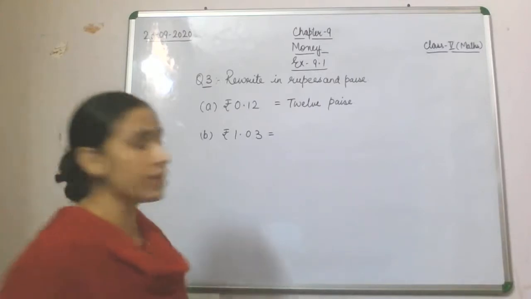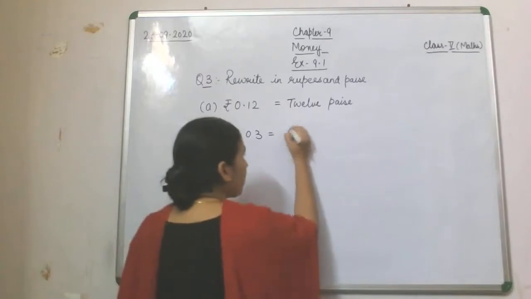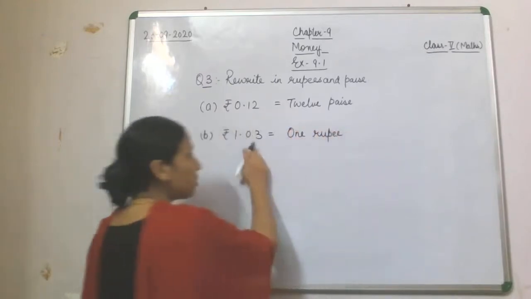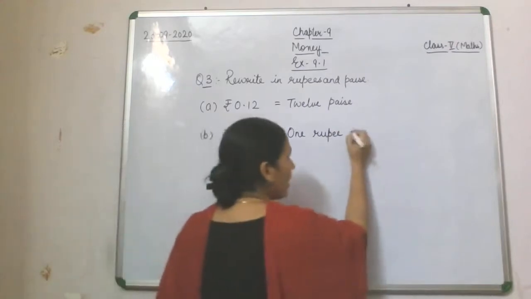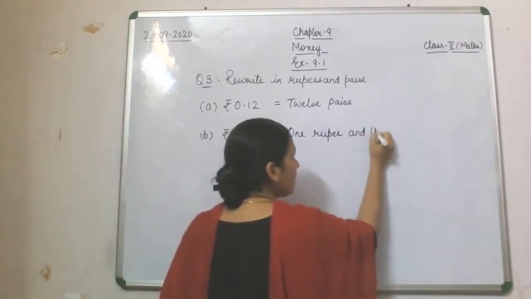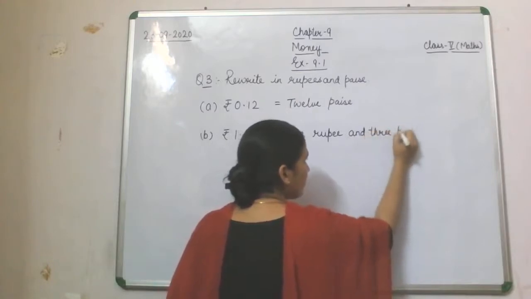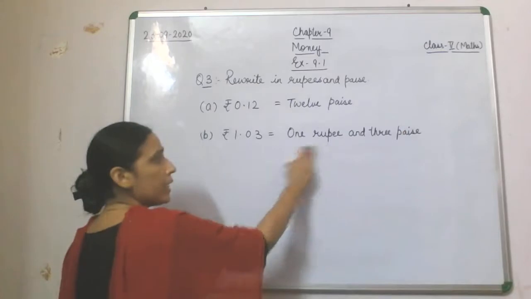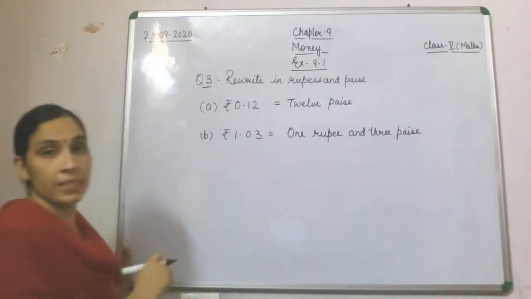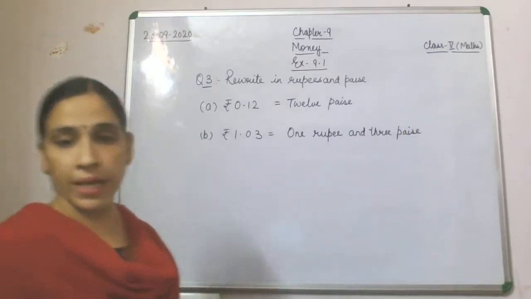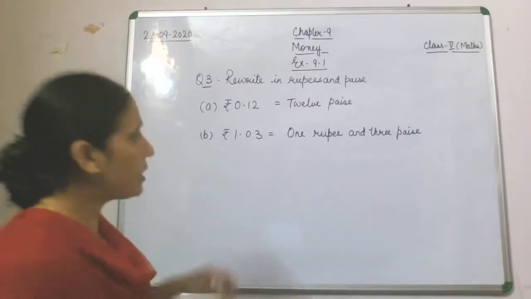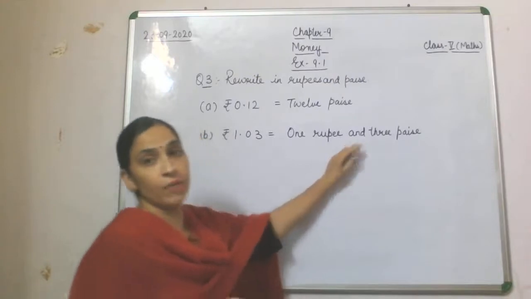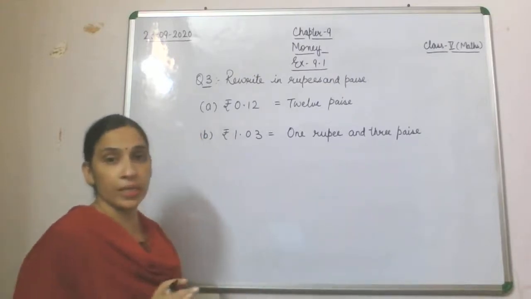So what will we write here? 1 rupee and 3 paise. Fine. 1 rupee and 3 paise. Now this 'and' is optional. If you want to write this 'and', fine. If you do not write it, it is not incorrect.